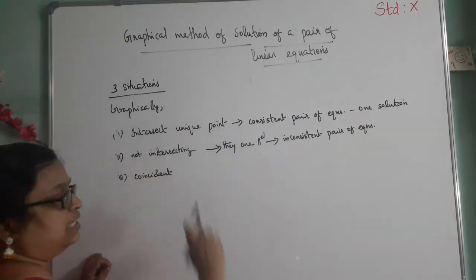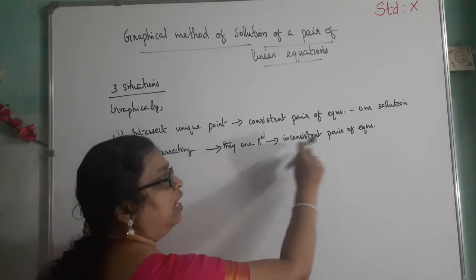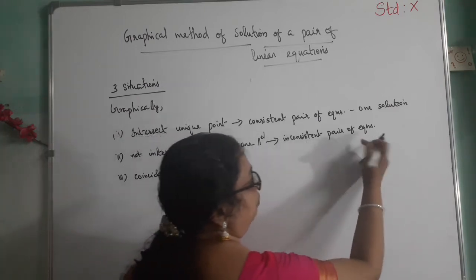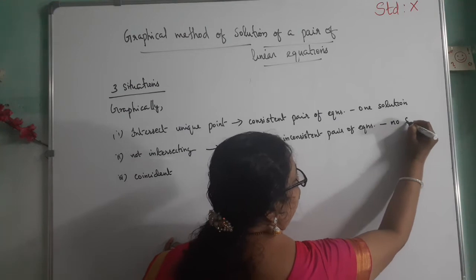When they are not intersecting, they are parallel, and we call this an inconsistent pair of equations. They have no solution.